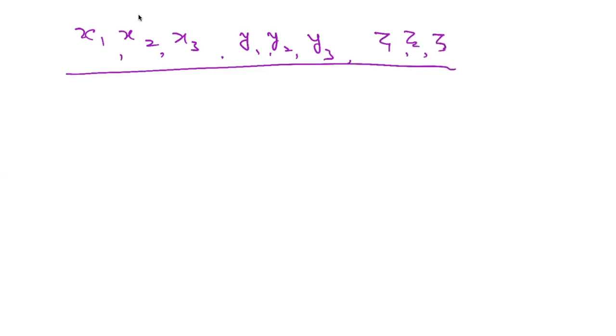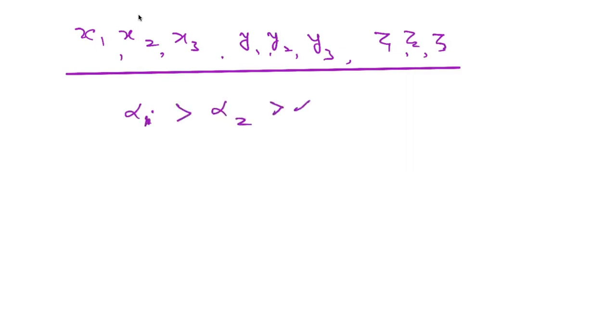Now, the last question on this, hope everyone will be able to do that. X1, X2, X3, Y1, Y2, Y3, Z1, Z2, Z3. We have to arrange these 9 letters in a row in such a way that for any alpha i, alpha 1, alpha 2, alpha 3, where alpha may be X, Y, or Z, in this order, alpha 1 is always ahead of alpha 2, always ahead of alpha 3.